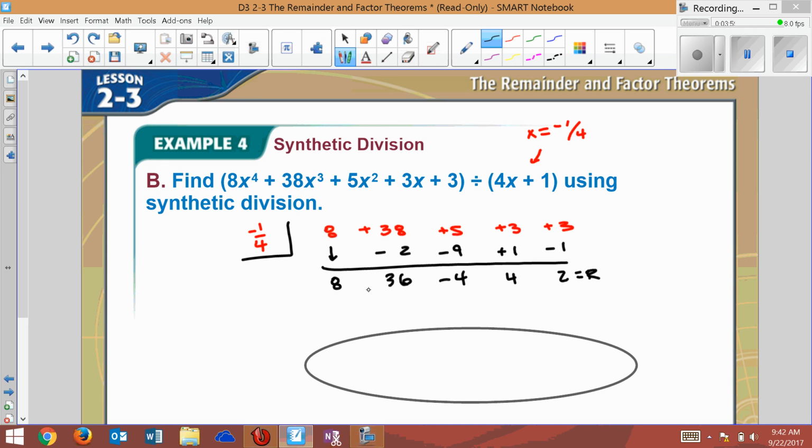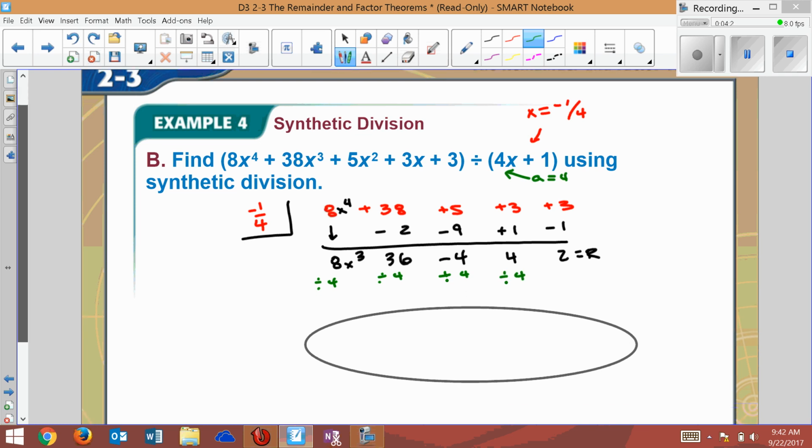So normally you'd think you'd write the answer. Remember, this was x to the 4th. You just drop the powers and write the answer. But this time, since we have an a of 4, you divide all of these by 4. So all these all the way across get divided by 4 for my answer. You don't have to do the remainder.